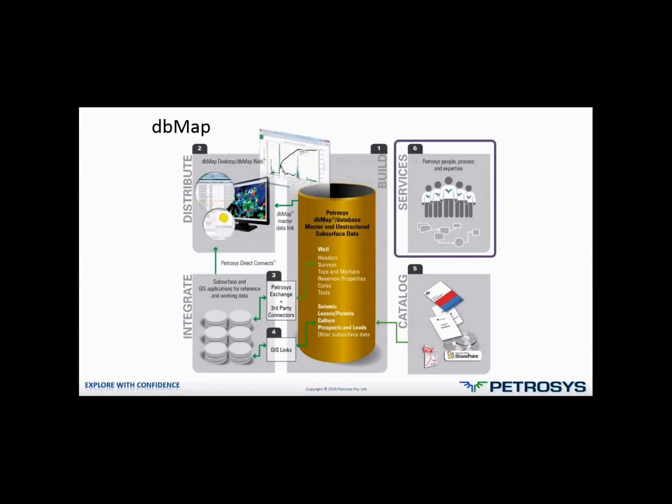So your data model is capturing all the data that you need for the particular type of work that you're undertaking. That's often done as a custom piece of work. And then also our services team are available to help when you have projects that require you to load data, or you want to set up some rules for how you'll manage your system. And we'll come to some examples of those in the demo.